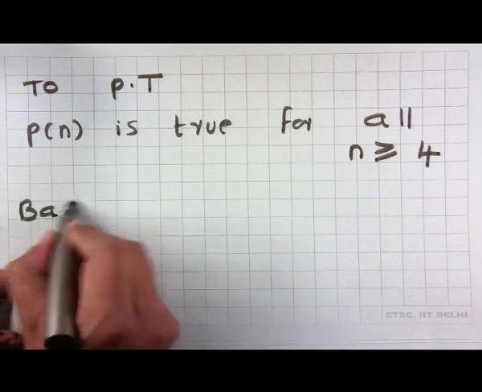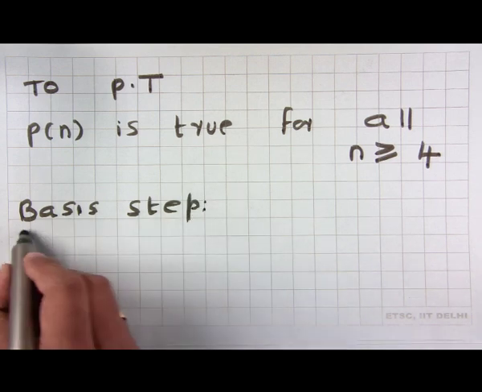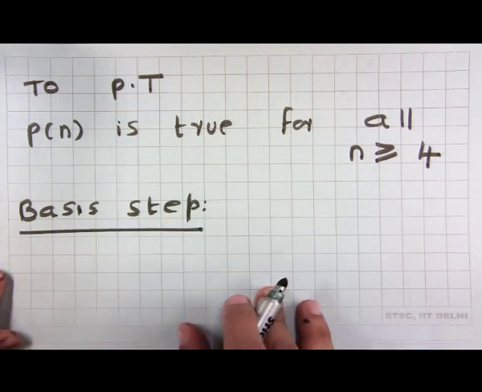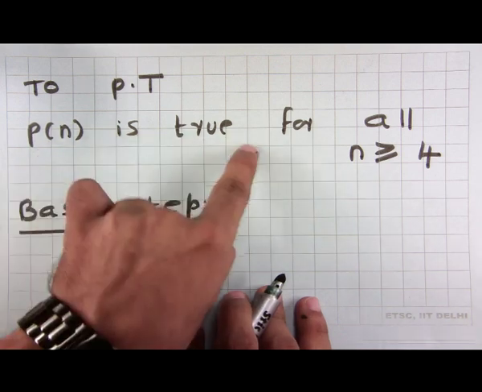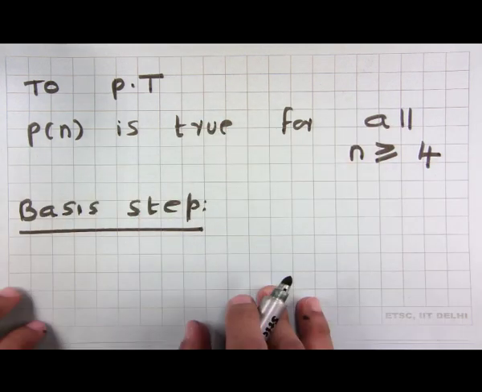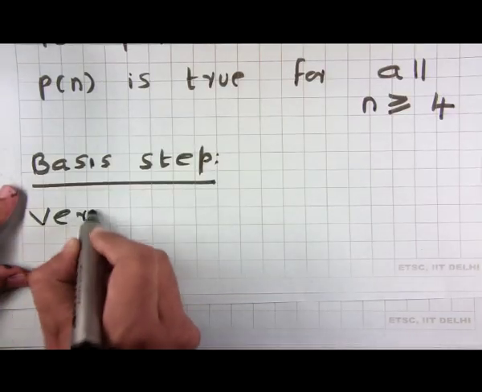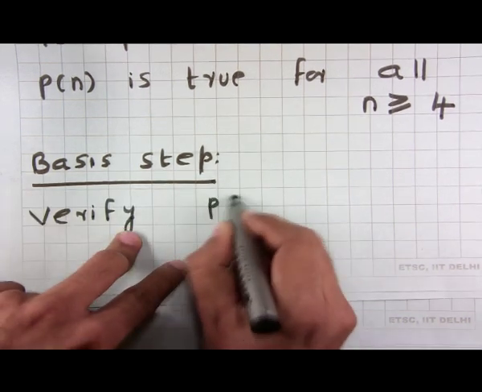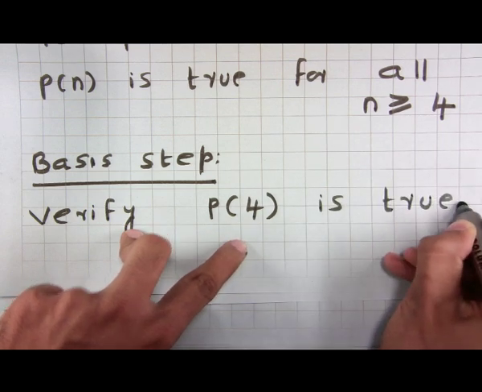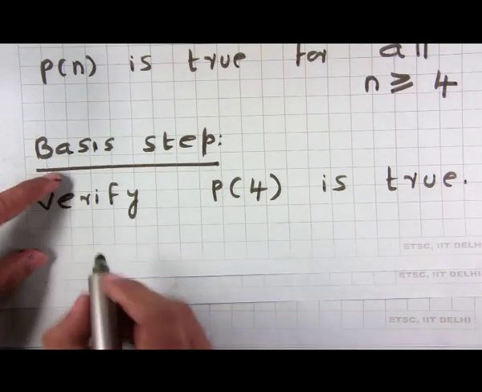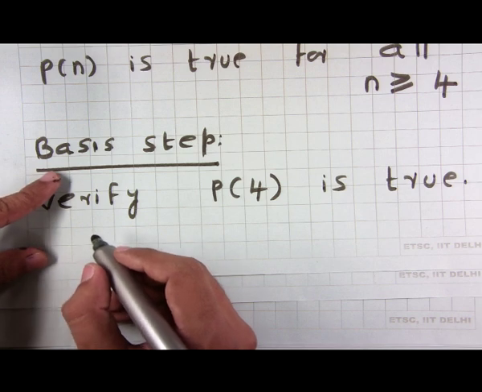Basis step. What is the basis step here? It is not P of 1 is true, because we want to prove P of n is true for all n greater than or equal to 4. The basis step will be to verify P of 4 is true. What is P of 4? 2 power 4 less than 4 factorial. Is it true?